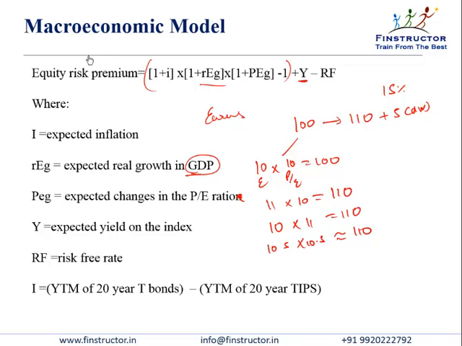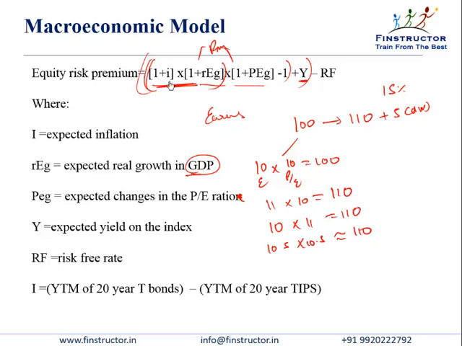So the macroeconomic model says that the return on the market can be estimated as capital appreciation plus dividend yield. Capital appreciation can be broken up as the earnings growth plus the increase in PE ratio, or the increase in valuation multiple.